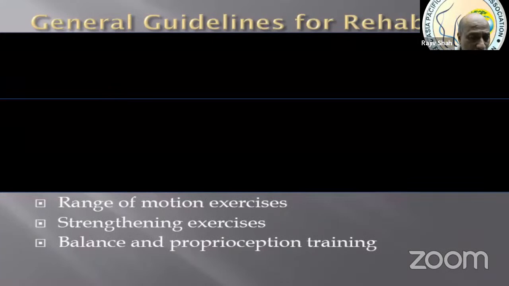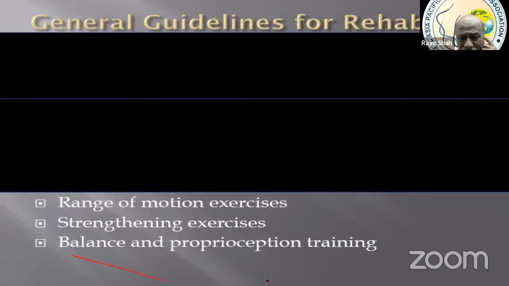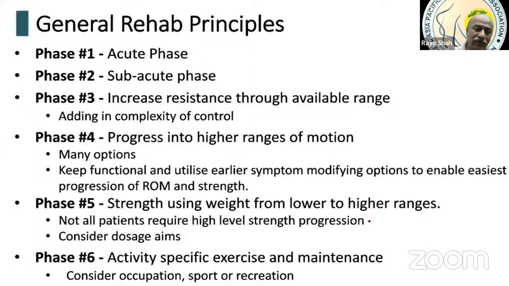Then you have range of motion exercise, strengthening exercise, and balance and proprioception training. It is this balance and proprioception which plays a very important role in foot and ankle physiotherapy, and it is different from elsewhere. General rehab principles: you have an acute phase, a subacute phase, and then you start to increase the resistance through the available range, and then you can add complexities.